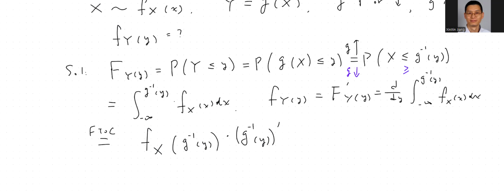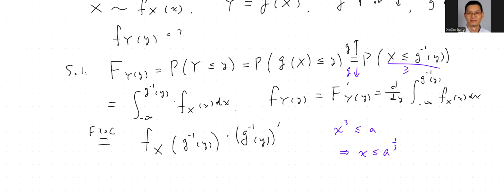When g is increasing, for example, x to the third: you have x to the third less than or equal to some number a. The inverse function of x to the third is the cube root, so you take the cube root on both sides, and you get a to the 1/3. That's exactly this thing here.